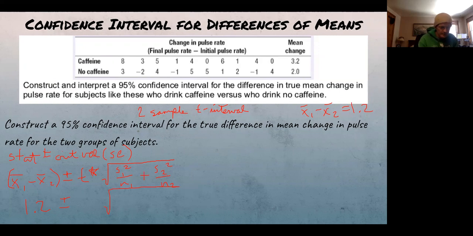The sample standard deviation for the first one was 2.7 essentially. You can be more specific if you wanted to, like 2.699, whatever. The sample size was 10. And then for the second one, it was 2.625, also over 10.